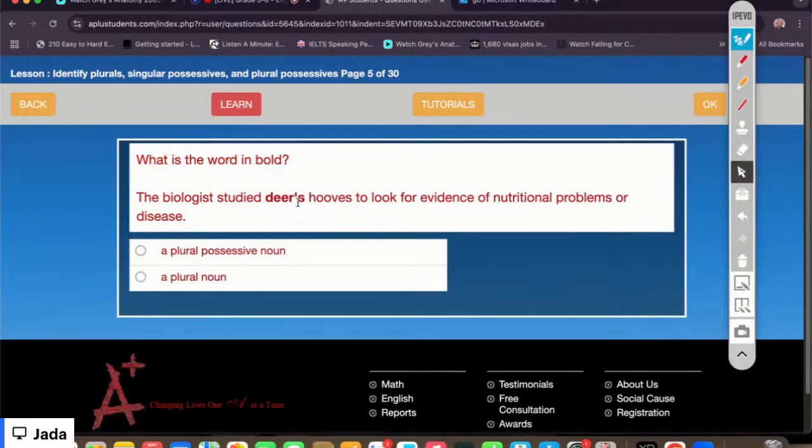Then we have the biologist studied deer's hooves to look for evidence of nutritional problems or disease. So is this going to be plural possessive or plural noun?